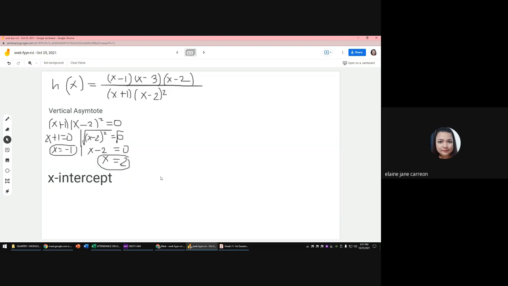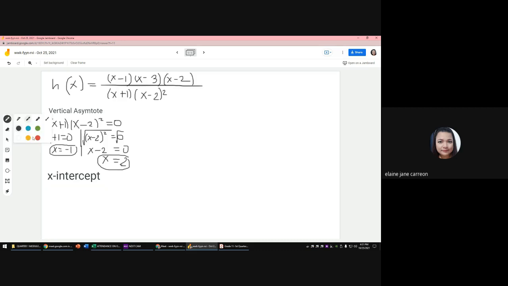X or y axis. Okay? So, sa x-intercept, kung saan tatama yung graph natin sa x-axis. Si y-intercept naman, kung saan tatama yung graph natin sa y-axis. So, dinidetermine natin yung points.